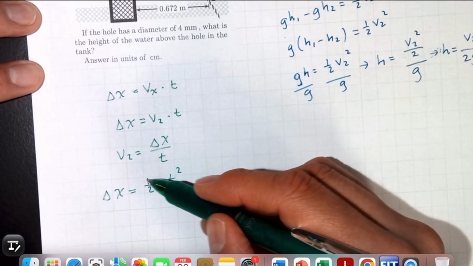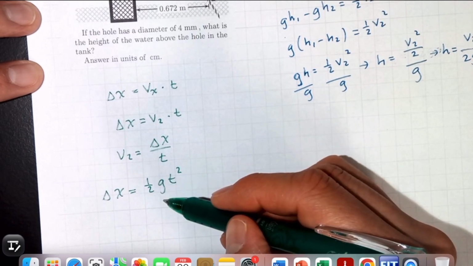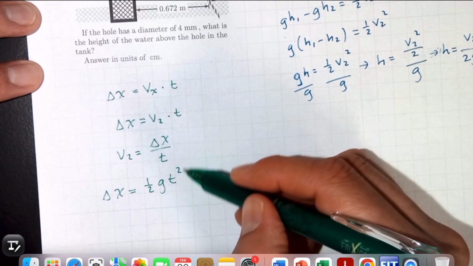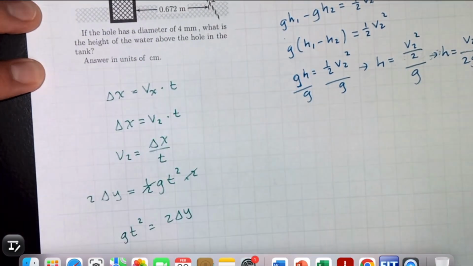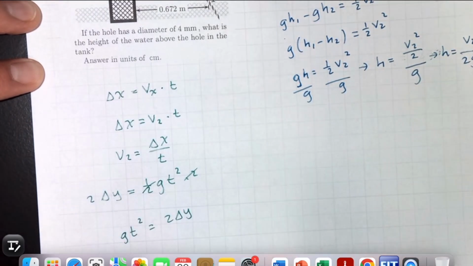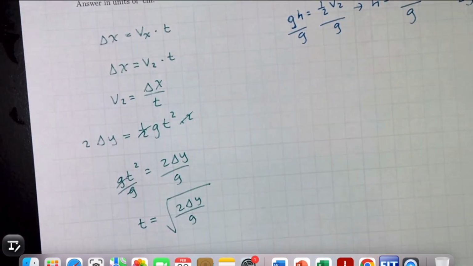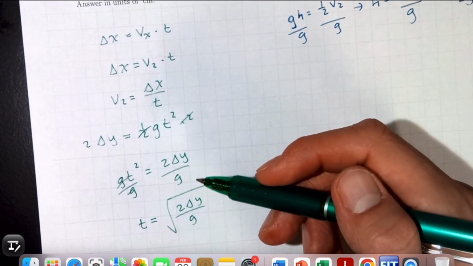I'm going to multiply times 2 to deal with the 1/2. Then I'm going to divide by g to deal with g. And I'll take the square root to deal with the square. So I made a mistake. I put delta x. I meant to write delta y. So I skipped a step, right? I didn't show how to get rid of the square, but I think you can figure it out.